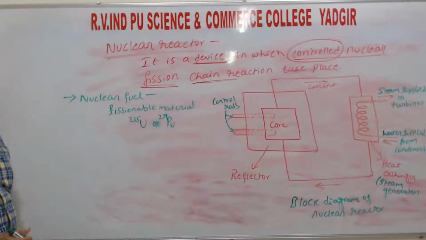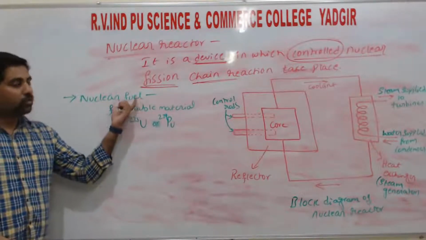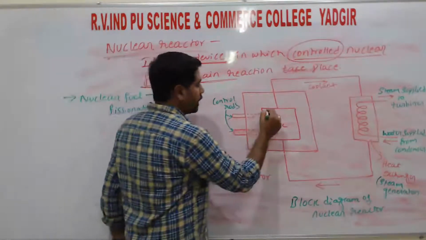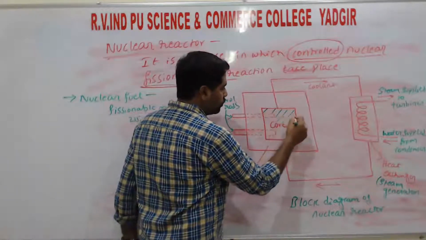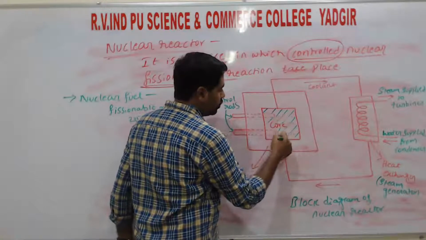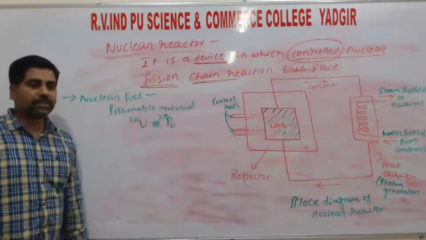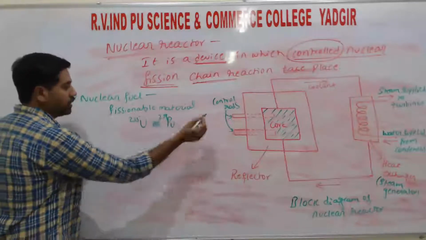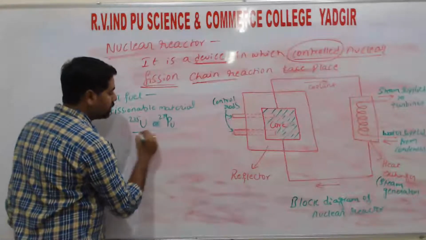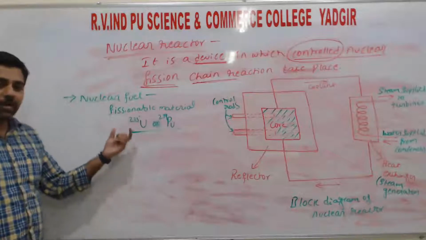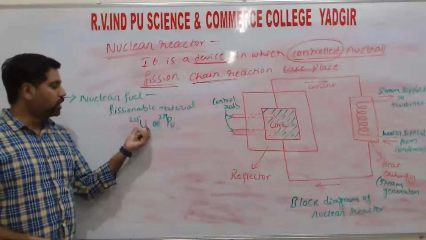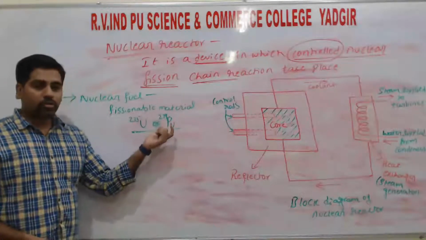So the first is the nuclear fuel. Nuclear fuel is kept inside the core. That means the fissionable material is placed inside the core, either uranium 235 or plutonium 239.